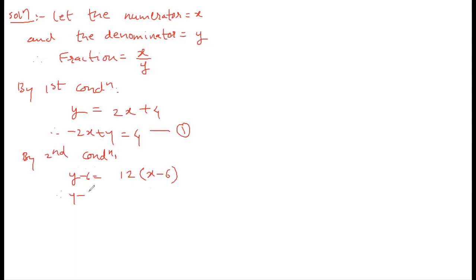Therefore the equation becomes y minus 6 equals 12x minus 72. Here plus 12x becomes minus 12x, and minus 6 becomes plus 6. So therefore minus 12x plus y equals minus 66. Now let us call this equation 2.